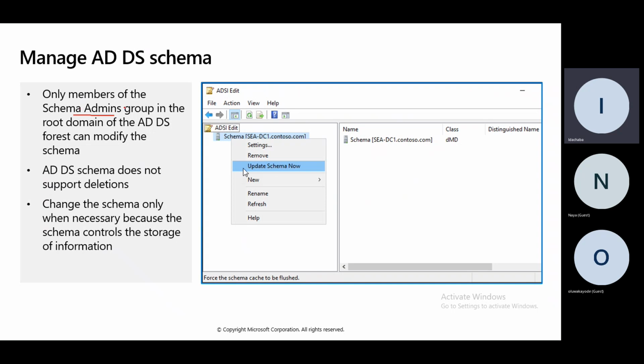If you don't put that user in this group, because this group is in the root domain, it cannot modify the schema. So it is somebody that has that administrative right that can update schema, create new schema, rename schema, and do some other settings. Can you see now? You get the idea?